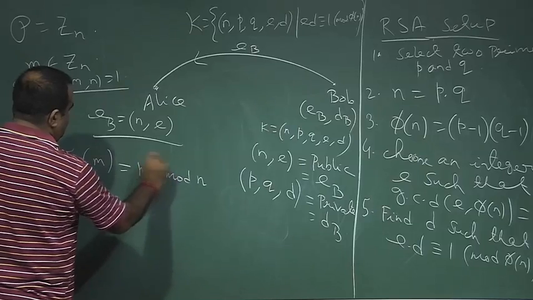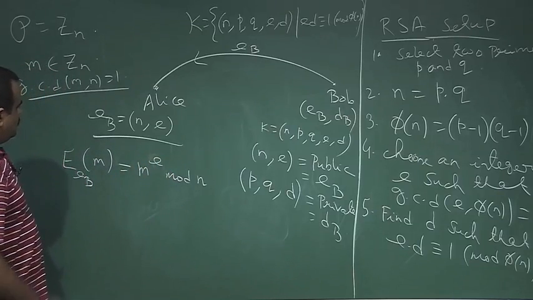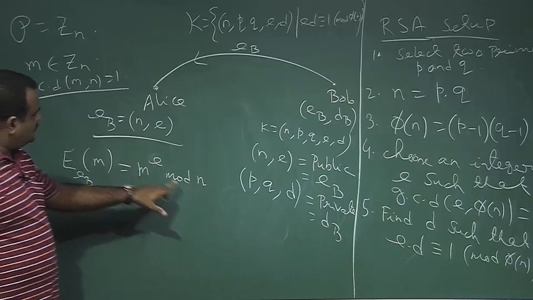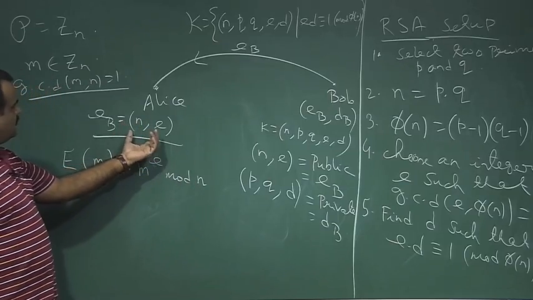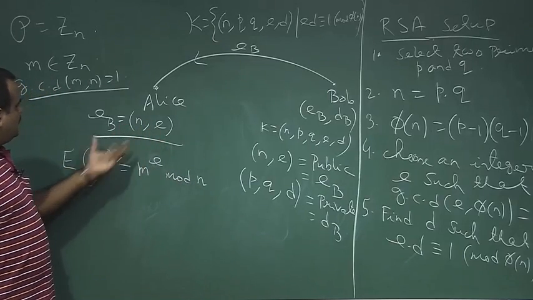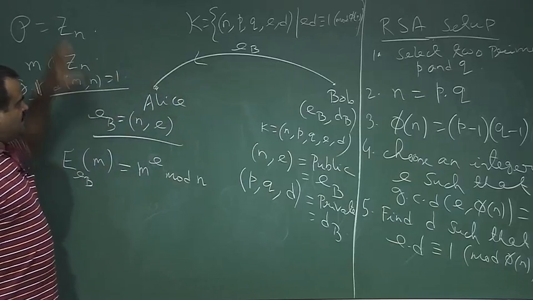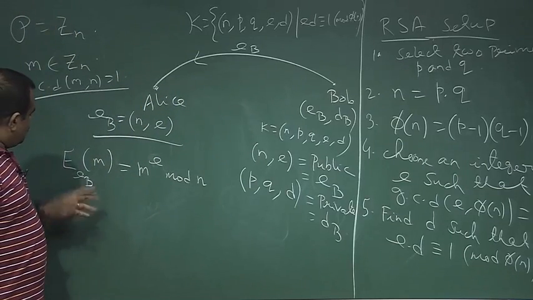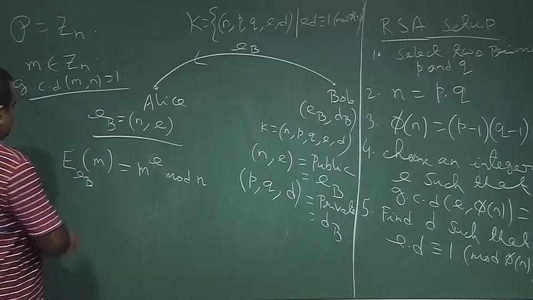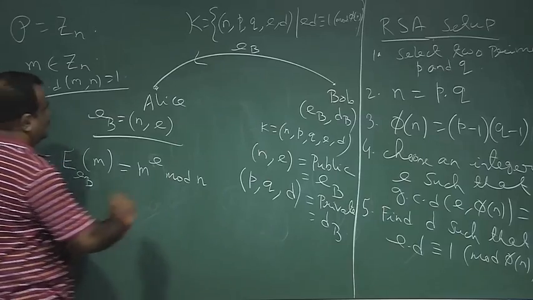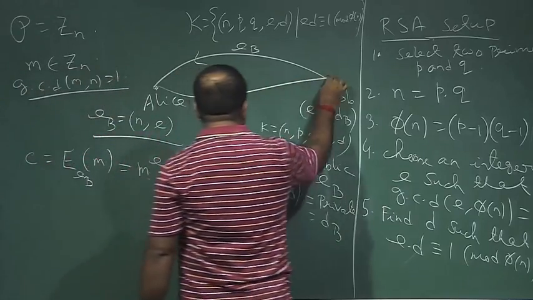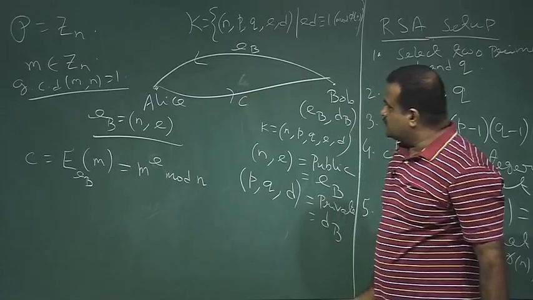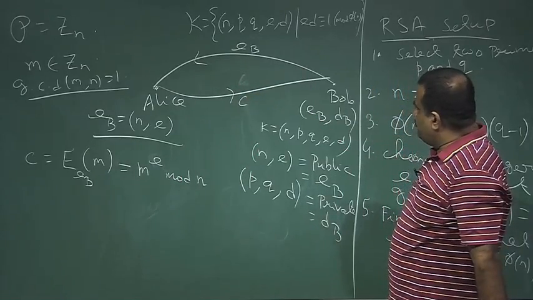Here e is public, e is known to Alice, and n is known to Alice, which is the public key of Bob, which Alice gets over a public channel or from the public key directory. Alice generates this C. This is the ciphertext Alice is sending to Bob.